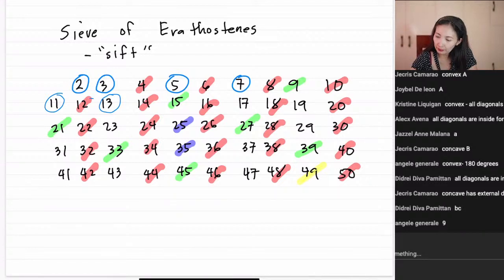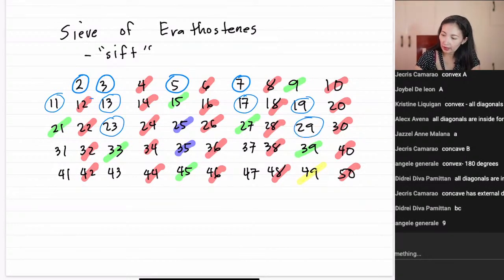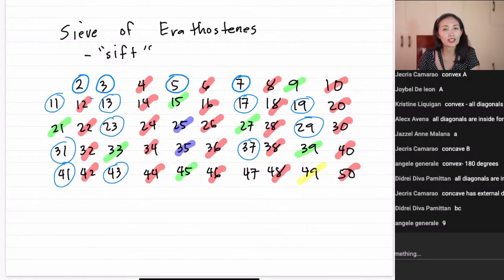17, 19, 23, 29, 31, 37, 41, 43, and 47. So, therefore, these are the prime numbers below 50. This is the Sieve of Eratosthenes.